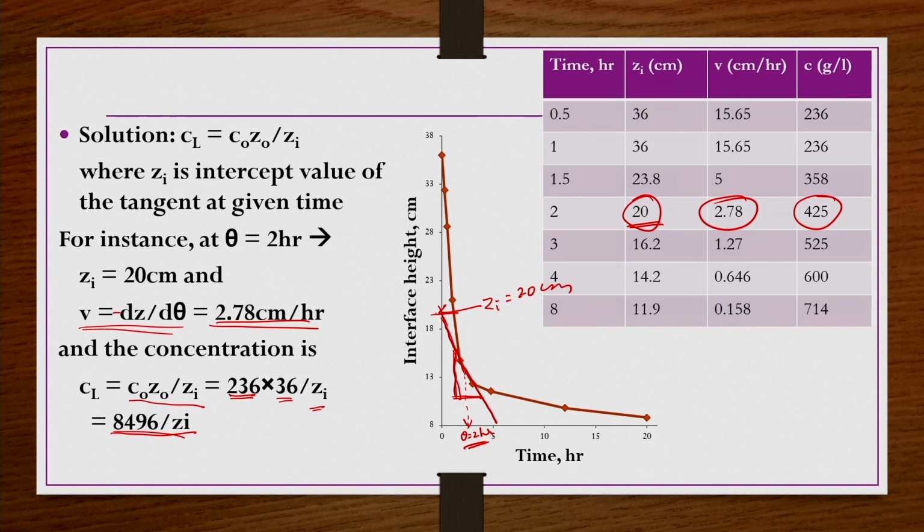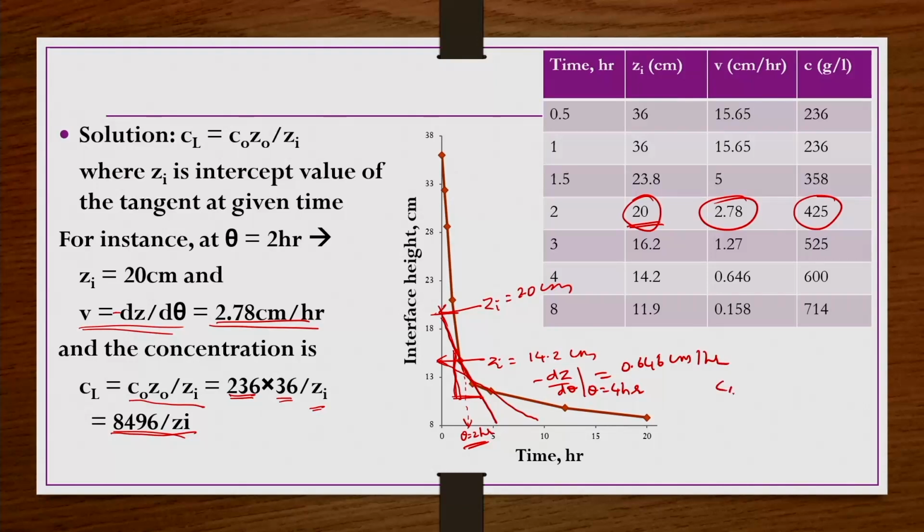Right. Let us say we do it at 4 hours time. At this 4 hours point, if you draw a tangent like this, zi is going to be something like 14.2 centimeters, and minus dz by d theta of this line at theta equals 4 hours is nothing but 0.646 centimeter per hour.